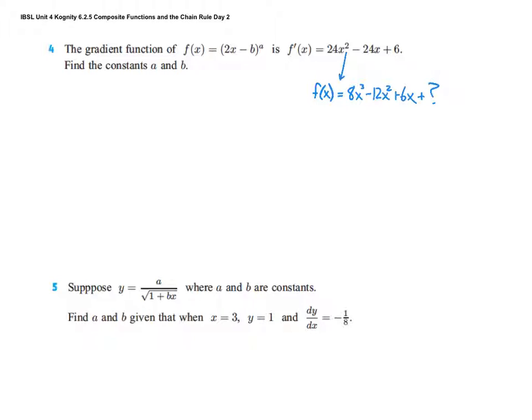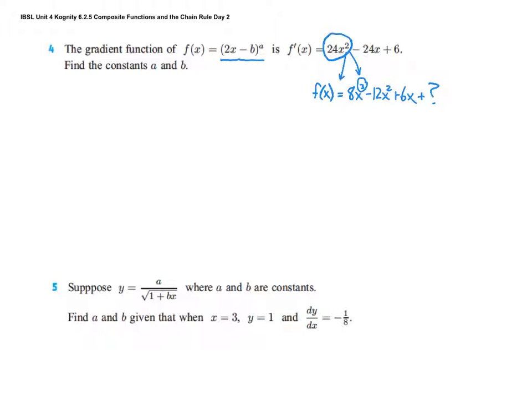Now, you may not figure out all of this, but at least think about this part right here. When I take the derivative, what happens to the power of x? You subtract it by 1, okay? So at the very least, we know that f of x probably has an x cubed, which tells us what about this function?